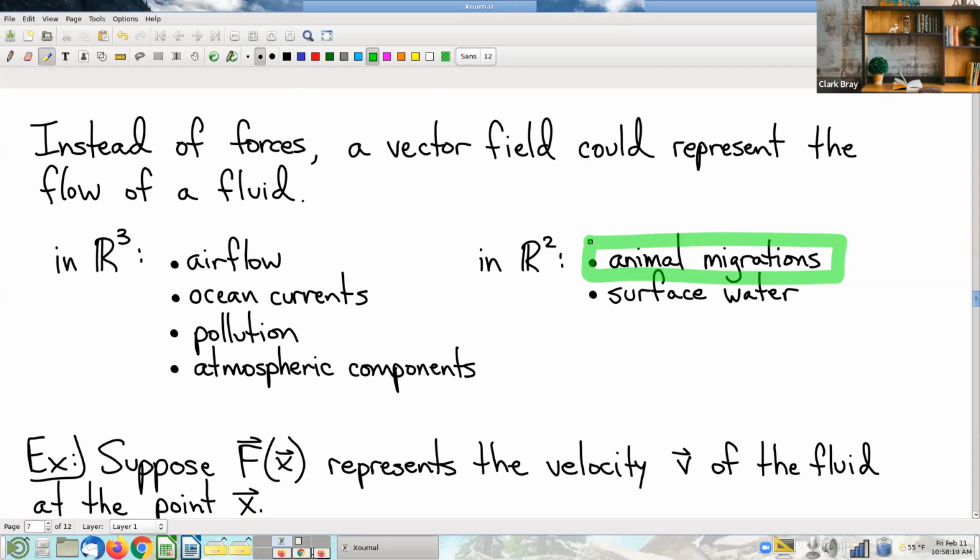So nothing's truly fluid. So I think it's perfectly reasonable to think of an animal migratory pattern as a flow of a fluid, but that's a flow of fluid that is two-dimensional. They flow along the surface of the earth. Ditto surface water, how water flows after it rains. That's on the surface.